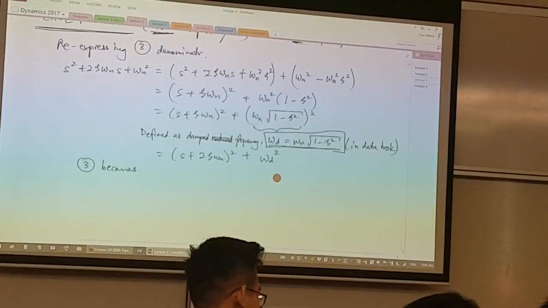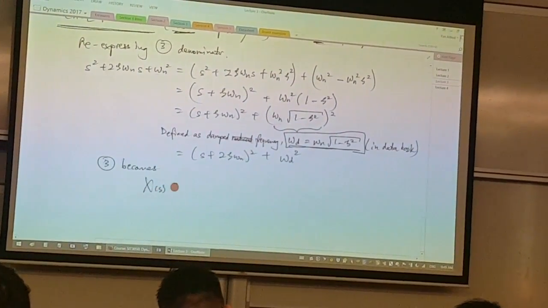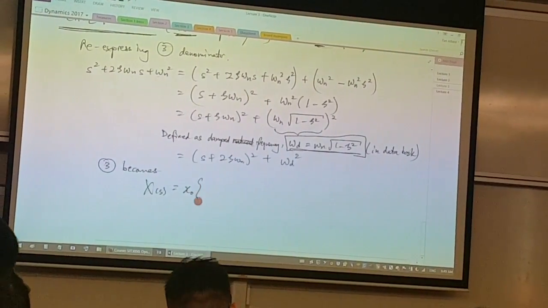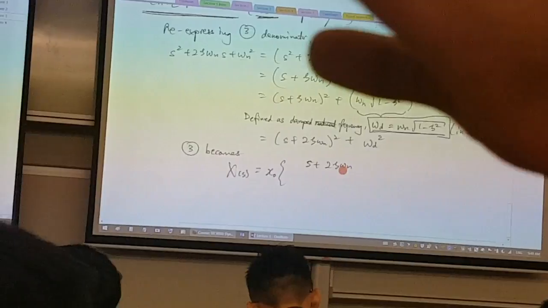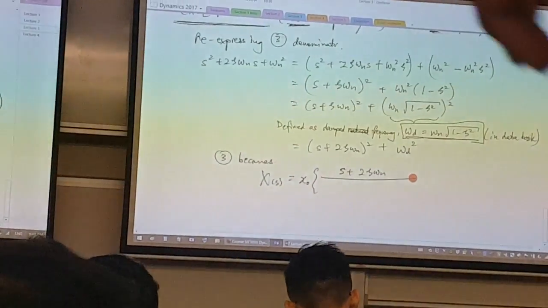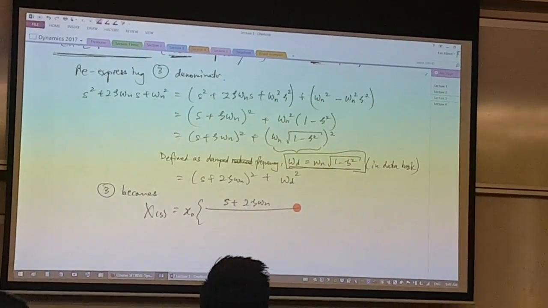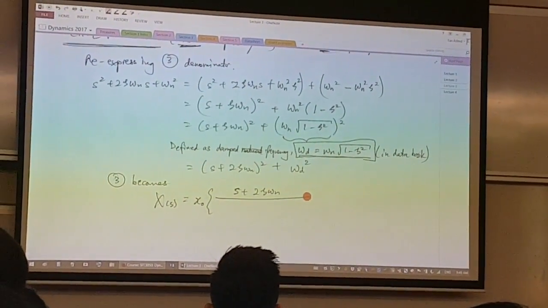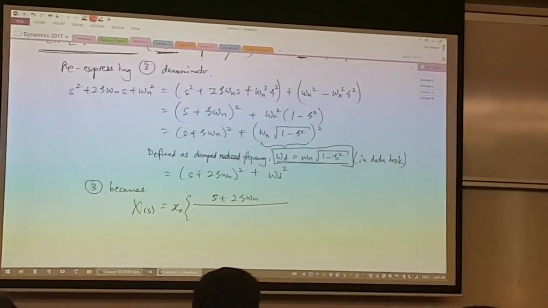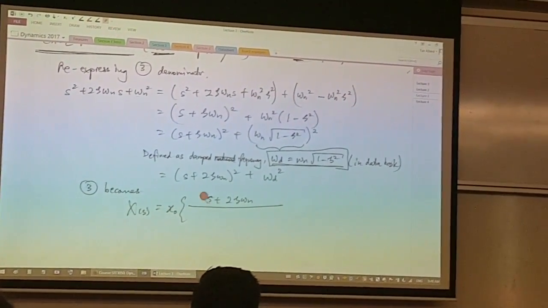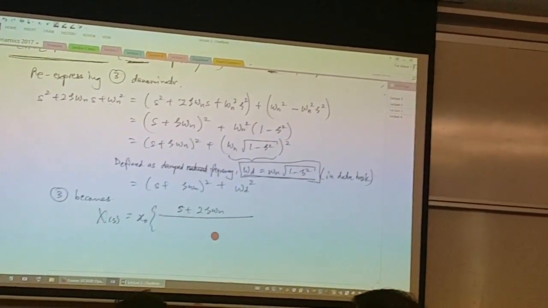A student points out that in the expression s plus 2 zeta omega n, the 2 is extra, it's not needed. Yeah, there's a 2 there. There shouldn't be a 2 here. Okay. Thank you. Sharp.